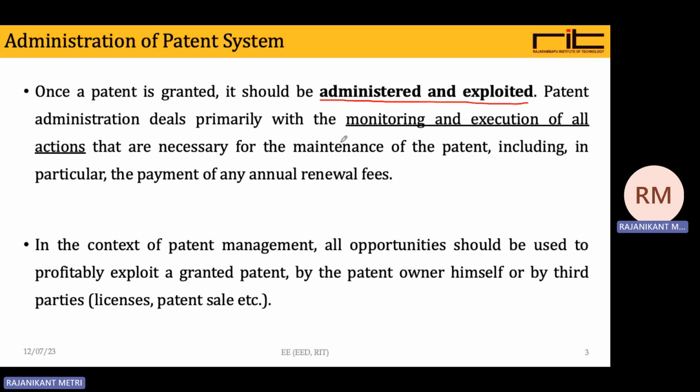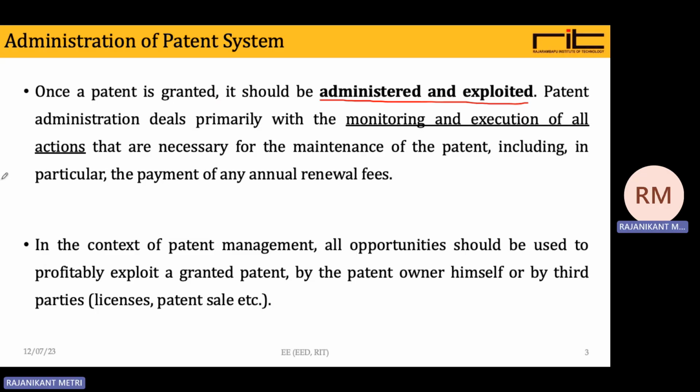So patent administration deals primarily with the monitoring and execution of all actions which are necessary for maintenance of that patent, like payment of any annual renewal fees and all that. So the work of this administration team is to monitor and execute all the actions related to the patent which is granted.